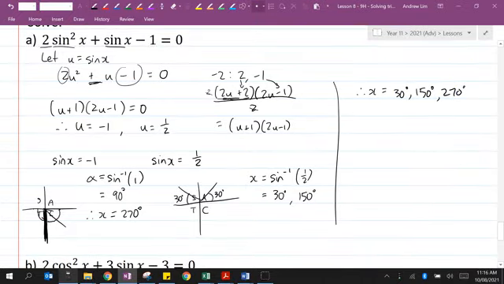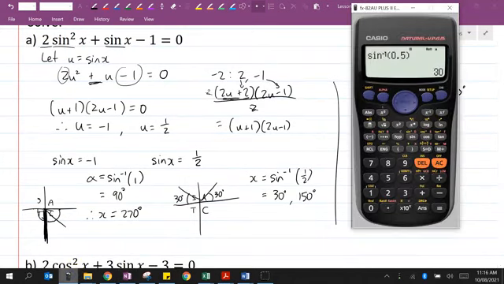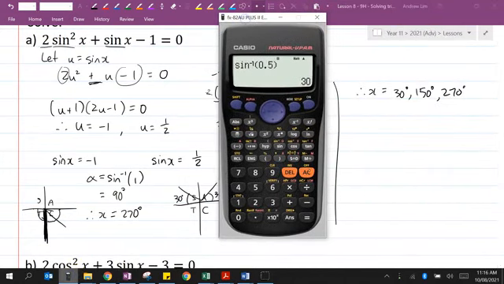Now, we can always check that. Here's my trusty calculator. So remember, sine squared x means sine x all squared. So if we were to do 2, and then we want to square sine 30, plus sine of 30, minus 1.